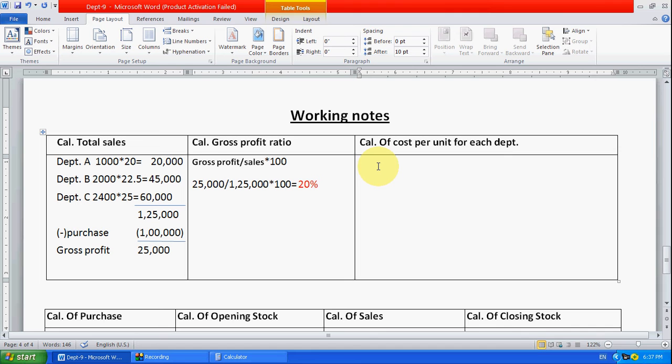Now first we have to calculate sales minus gross profit ratio. So this is the way we have to prepare.